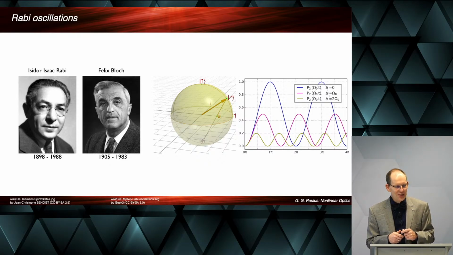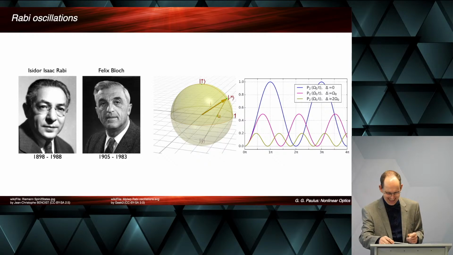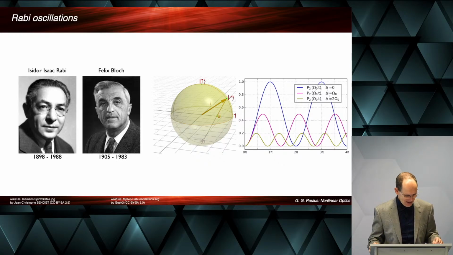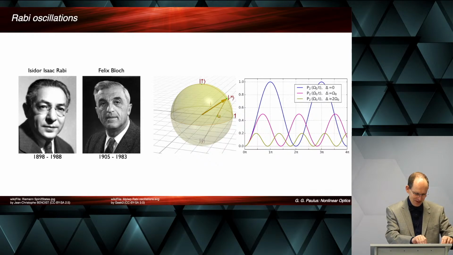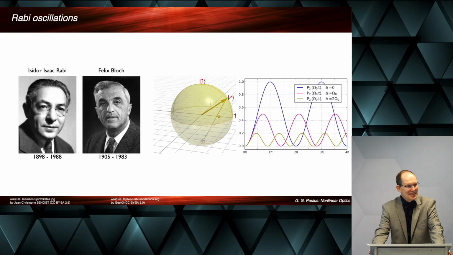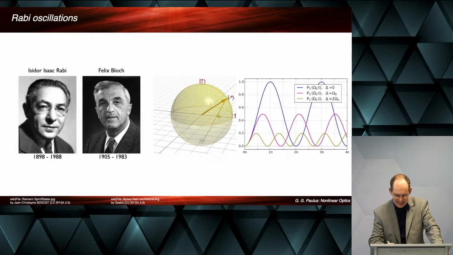When the muon was discovered, he said, "Who ordered that?" Because this came as a surprise, and people at that time thought that they understood it pretty well, and then the muon came. Who ordered that? Okay, so we did.